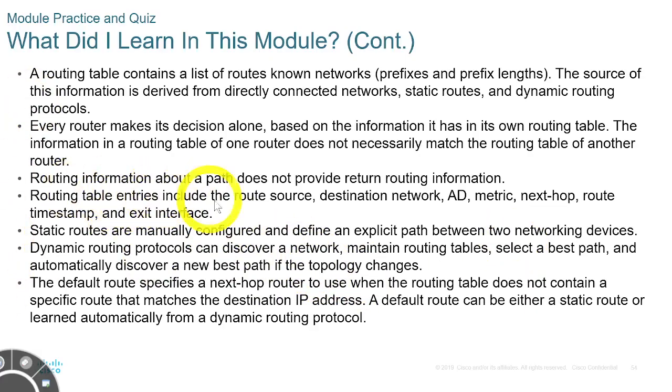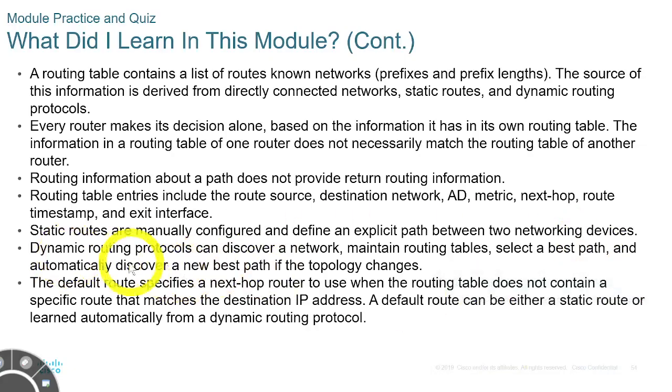Routing table entries include the route source, destination network, administrative distance, metric, next hop, route timestamp, and exit interface. This is an IP route, remember. Okay? Static routes are manually configured and define an explicit path between devices.